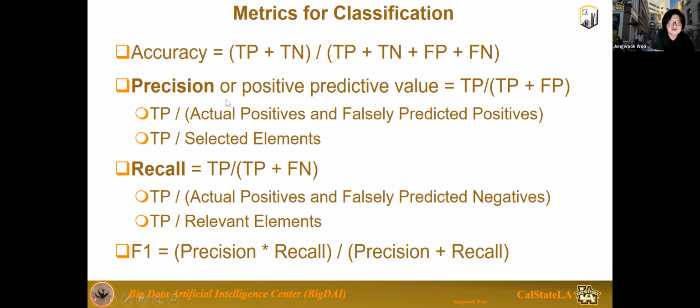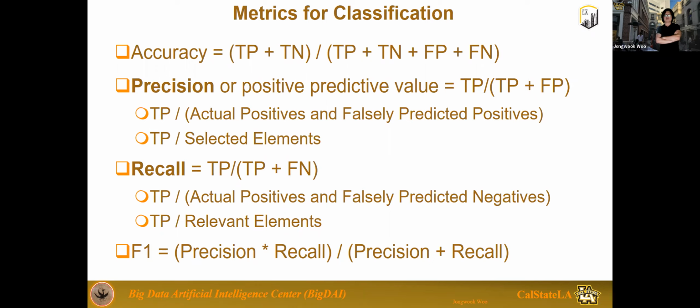For precision to get a higher value close to 1, TP is the same, right? So you have to reduce the number of false positives.